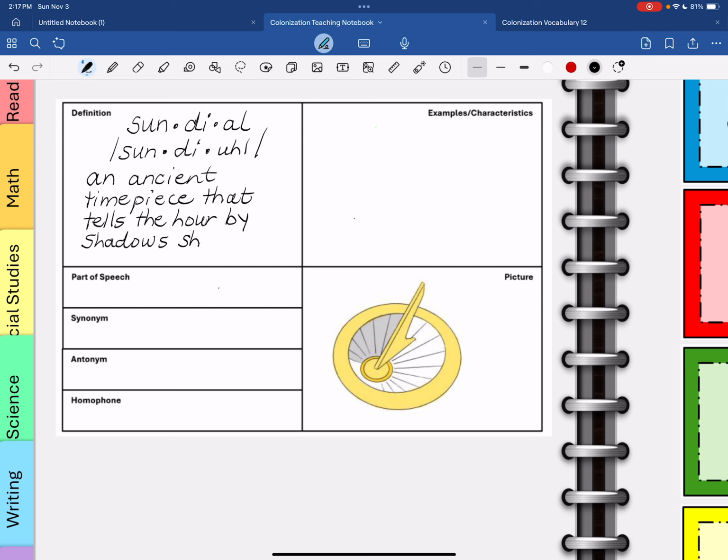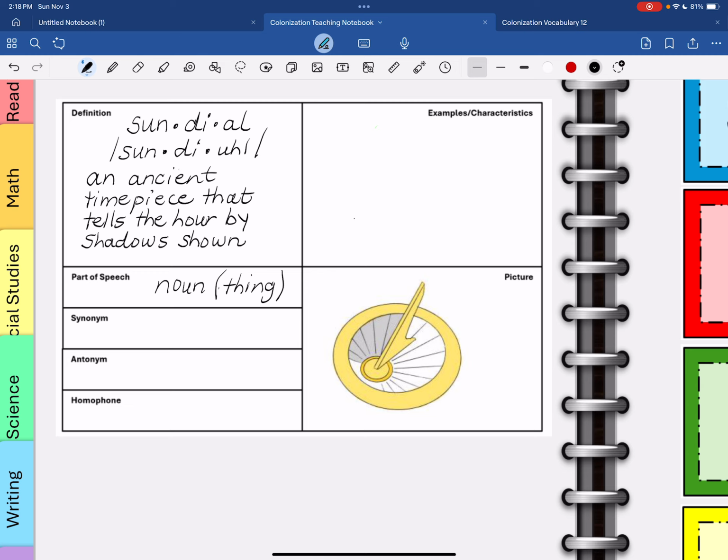So this works very well in the daylight. Today we use watches and cell phones that communicate with satellites. We definitely don't use sundials. But this is an ancient timepiece, and I will tell you about the word ancient in just a second. This is a noun. It's a thing.